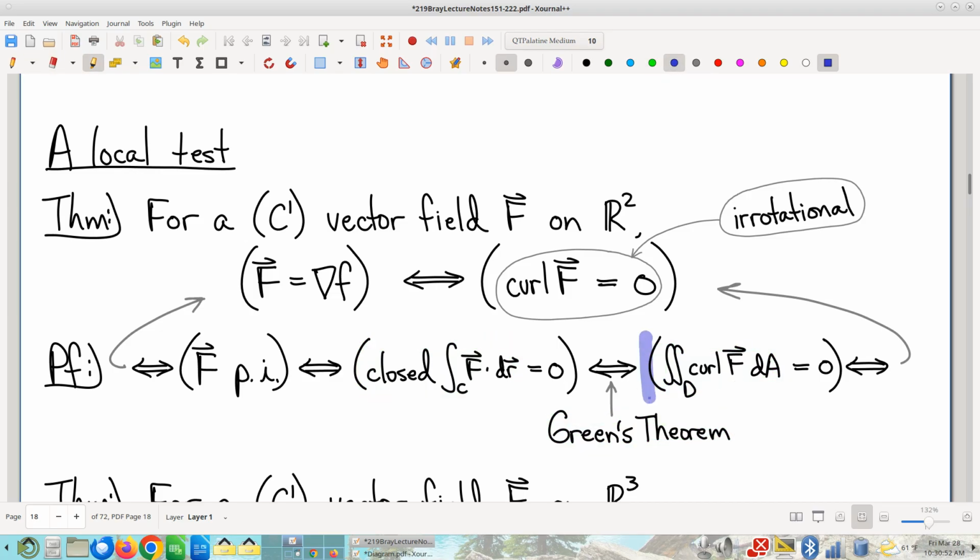This takes a little bit of standing back and contemplating to figure out what this is really telling us. Our vector field has a curl with a remarkable property. What it says right there is that the curl, all of its double integrals are zero. Every double integral, whatever domain D you pick, double integral always zero.